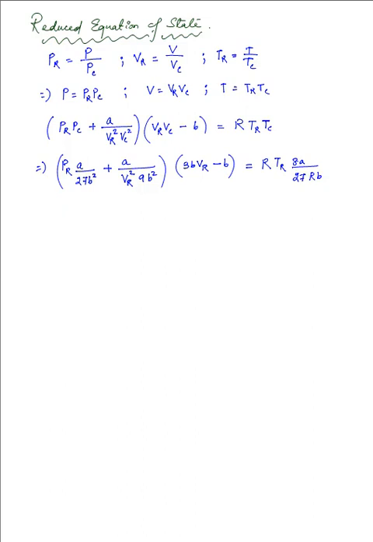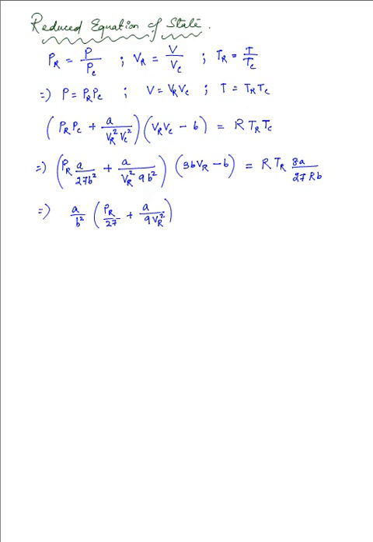So with these values, from the first term we have A over B squared to be taken as common. So we get Pr over 27 plus A over 9Vr squared, that is what remains.